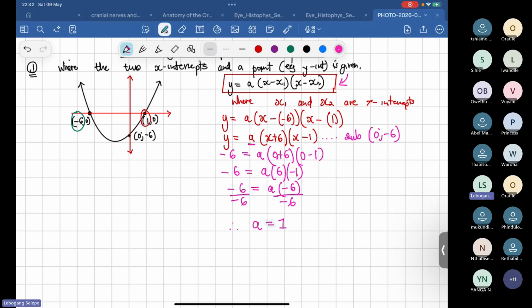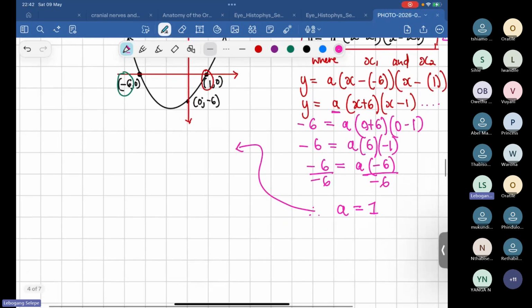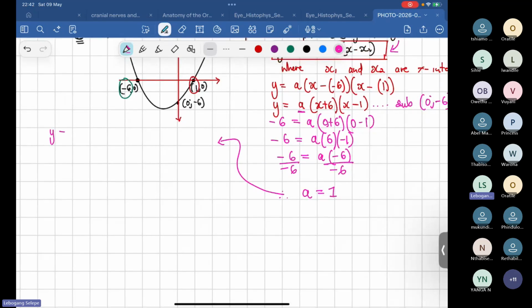We are not done determining our equation. We need to continue. We had y is equal to a(x plus 6)(x minus 1). This is what we had before we got stuck because we did not have the value of a. That step was just to help us calculate the value of a.